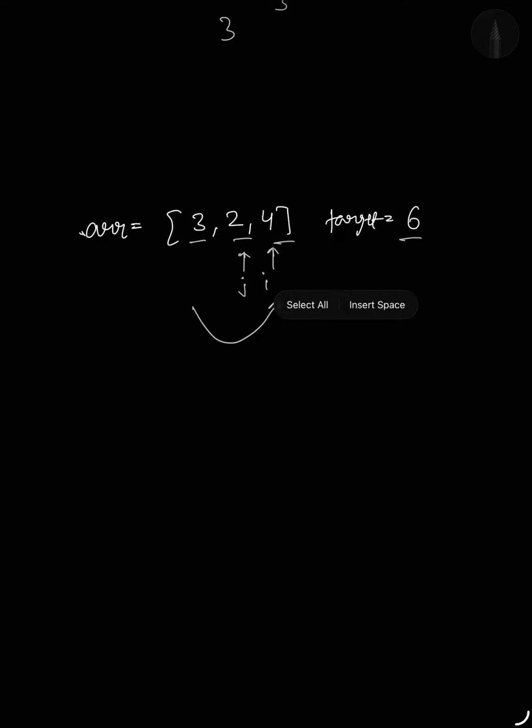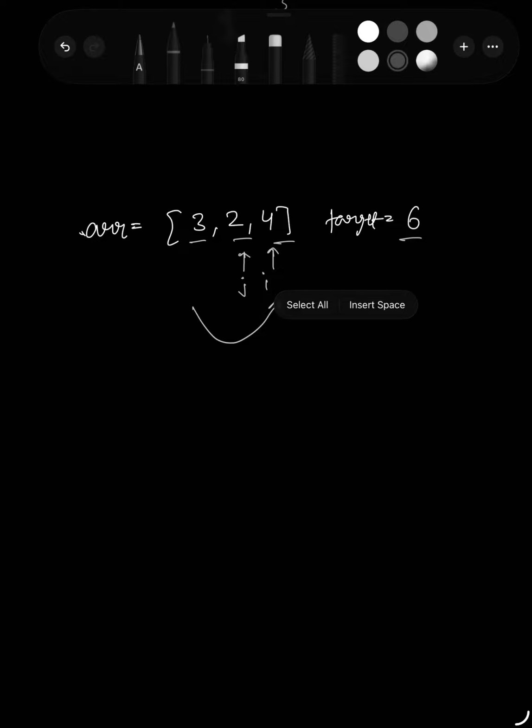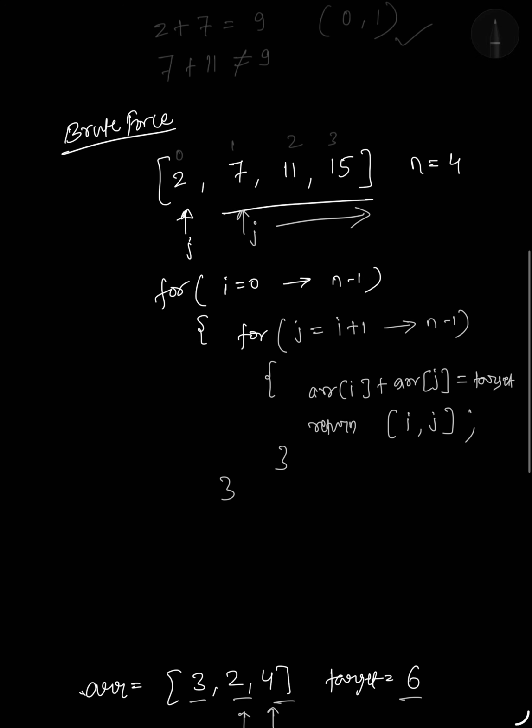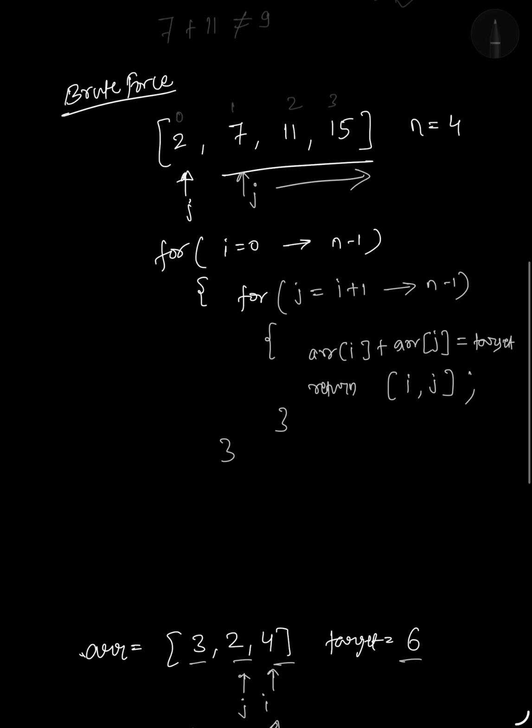We are defining j equals i plus 1, so j will go to n, and this may cause a problem and an unnecessary loop here.